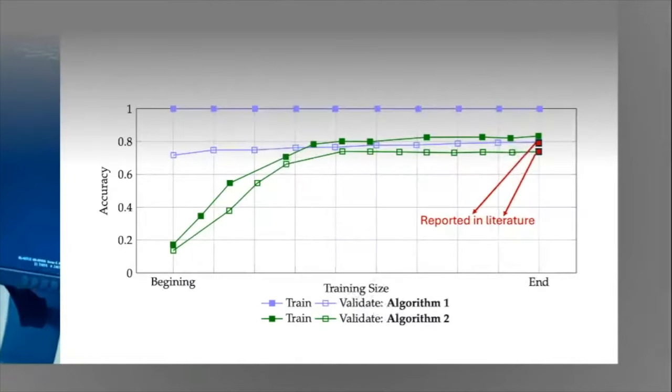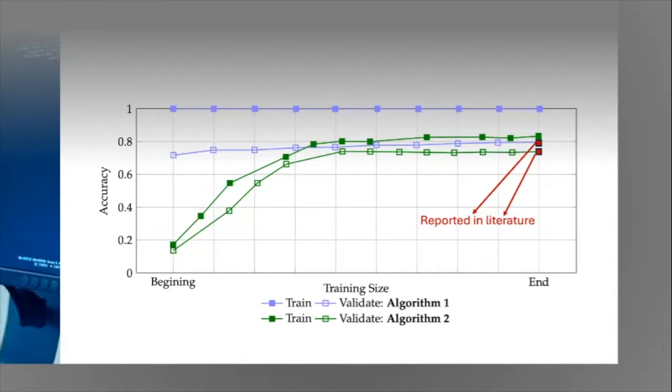For example, here, Algorithm 1 shows unhealthy dynamics, no convergence, and a large gap between training and validation. Algorithm 2 shows healthy learning. Both curves evolve smoothly, then stabilize and plateau, while maintaining a small, appropriate gap, with the training curve staying slightly above validation, as it should.